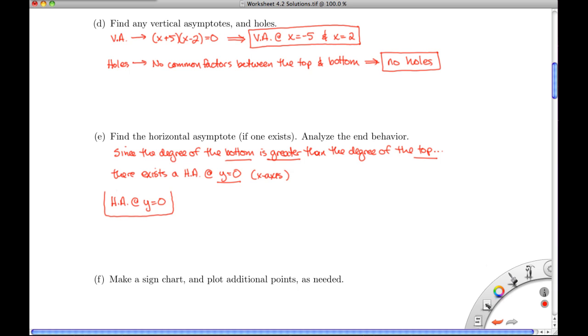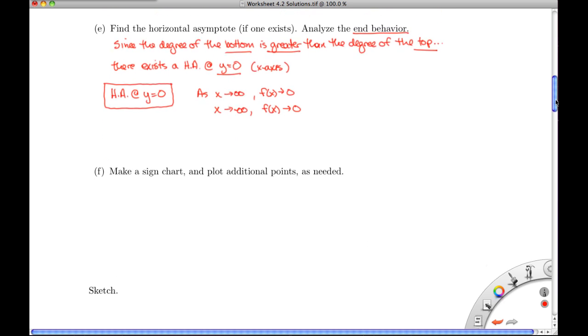Now in terms of relating this to end behavior, the way we talked about it last time is we could say that as our x values approach positive infinity, our function f(x) is going to get closer and closer to a value of 0. And as x approaches negative infinity, our function f(x) is going to approach a value of 0. It's going to approach this horizontal asymptote at the far ends of the x-axis.